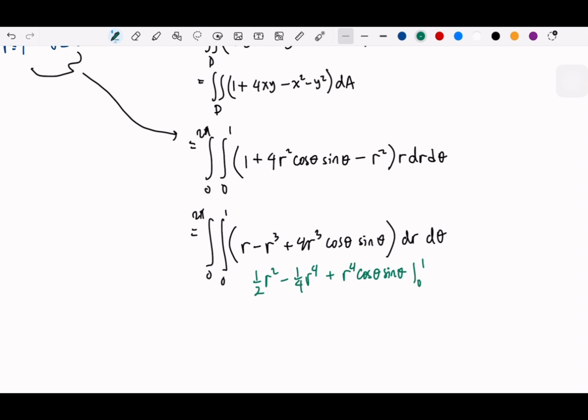So we have half minus 1 over 4 is 1 over 4, plus cosine theta sine theta d theta. The cosine theta sine theta, we can get sine 2 theta over 2, right?